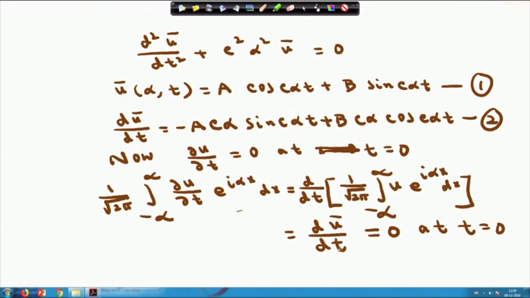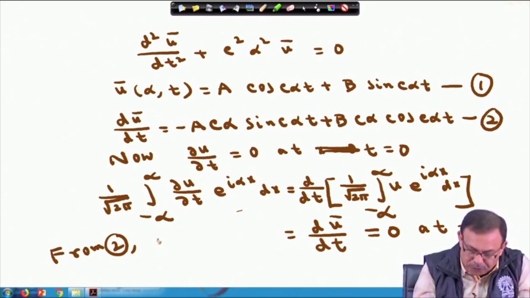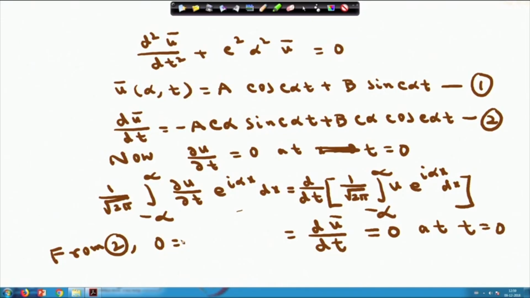So, once I am getting dū/dt at t equals 0, if you substitute this in equation 2, you will obtain 0 equals b cα, since the sine term will vanish at t equals 0. cα cannot be 0, therefore you obtain b equals 0. So, one value of the constant you got: b equals 0.